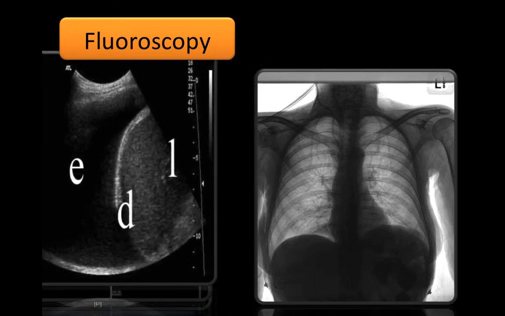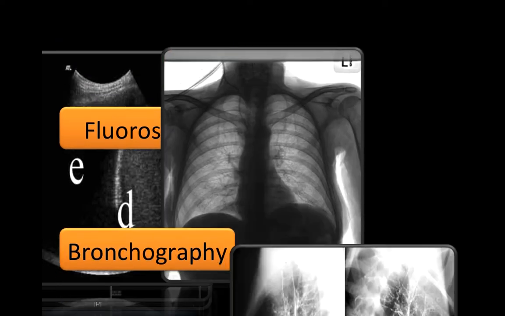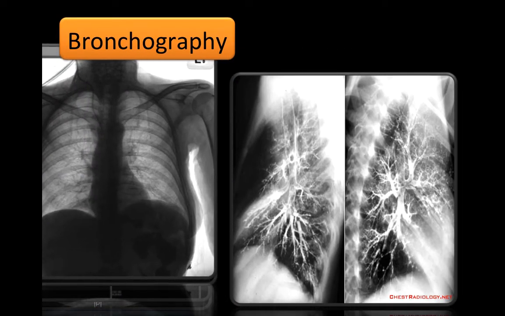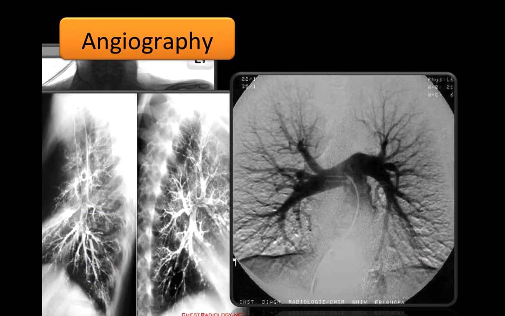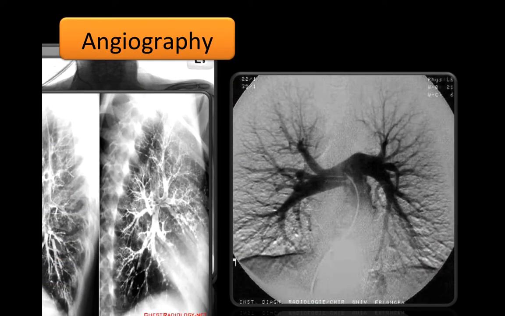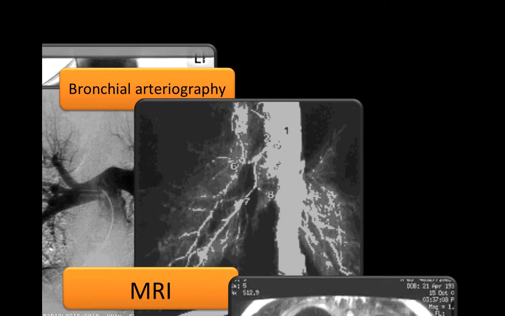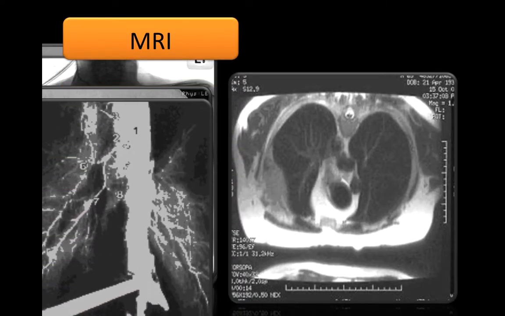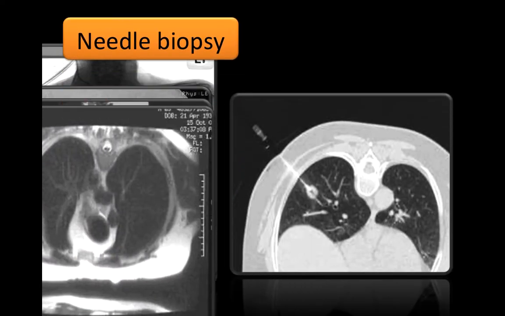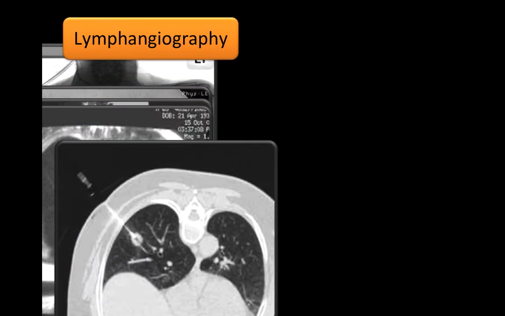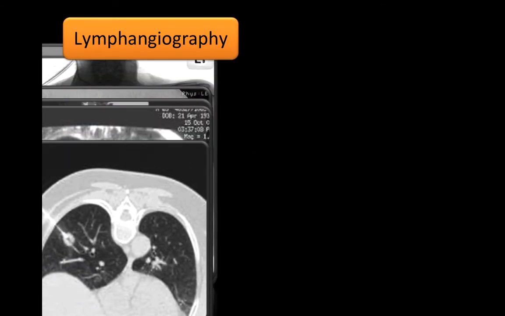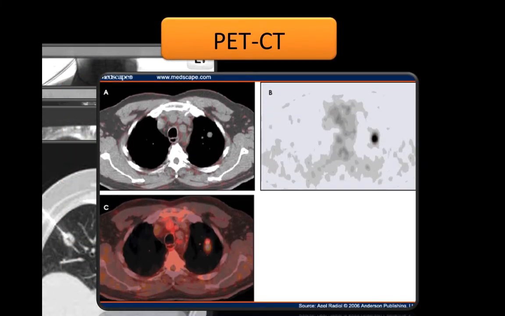There is also fluoroscopy, not so commonly done nowadays, and bronchoscopy is quite important sometimes, and we can perform pulmonary angiography, which is very important, and bronchial angiography as well, and MRI. It's a brother of CT scan to me, I think. And we have needle biopsy also, and sometimes lymphangiography, very rare, but not the least. And PET CT is not a new thing nowadays, and it is also very important.